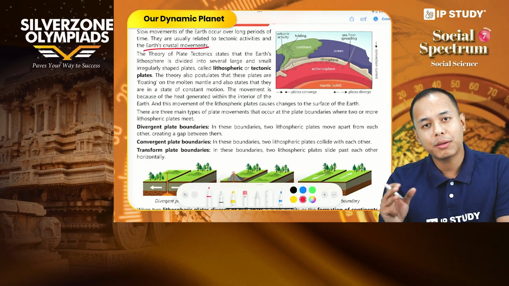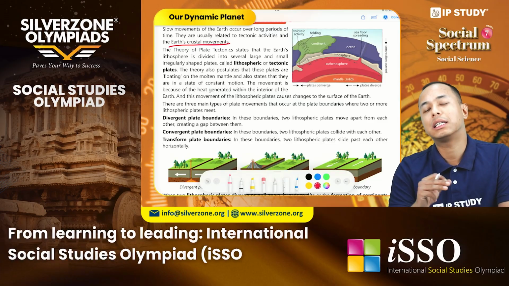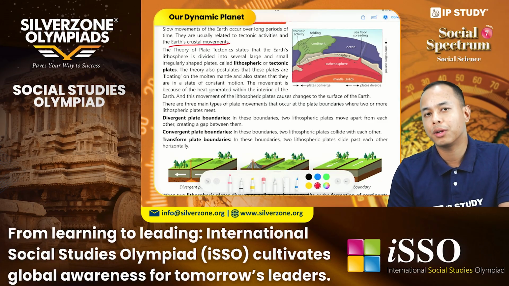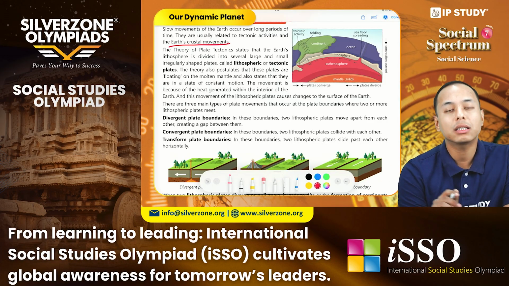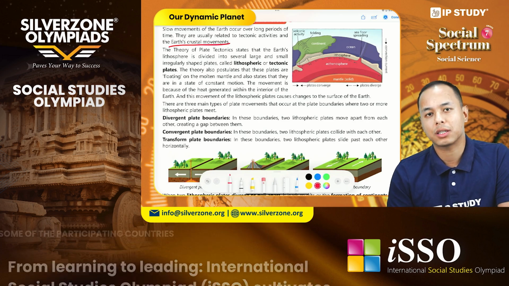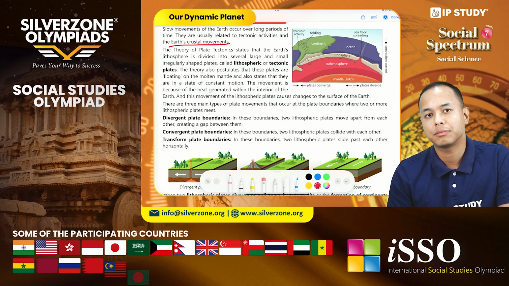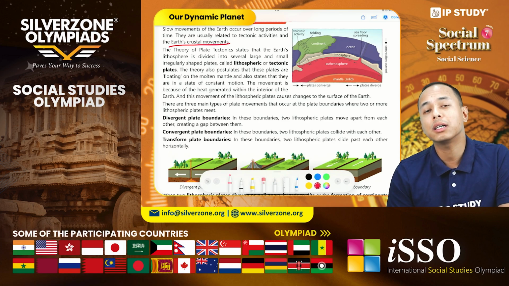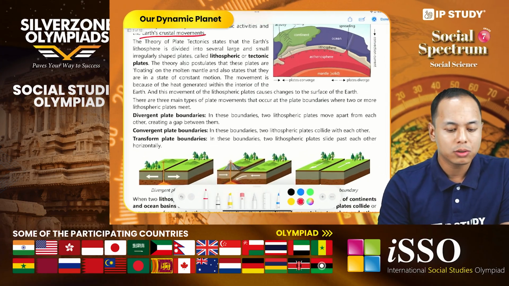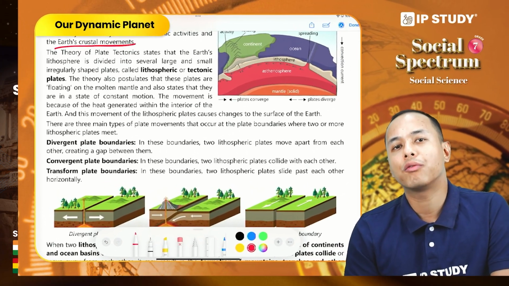Tectonic activities are related to plate tectonic theory. And Earth crustal movement is the movement of the crust, the outer layer of our Earth. So now, what is the theory of plate tectonics?